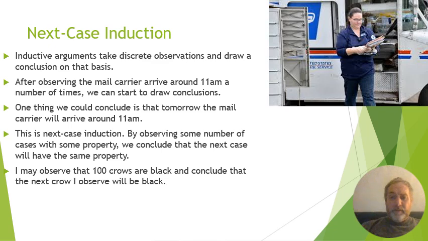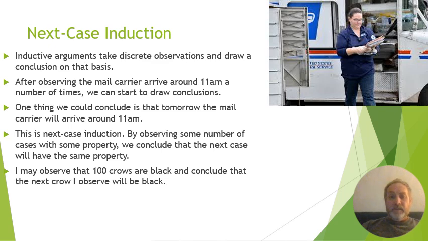I'm going to cover three general types of inductive arguments, and then I'm going to talk a little bit about how induction is thought of in the philosophy of science. So the first type of inductive argument I'm going to talk about we call next case induction.